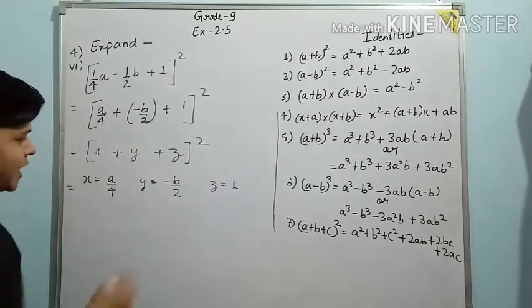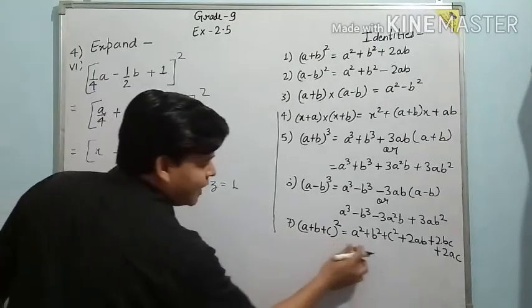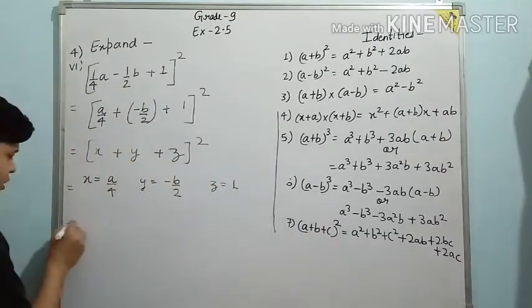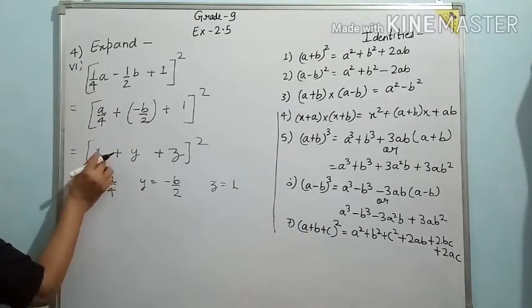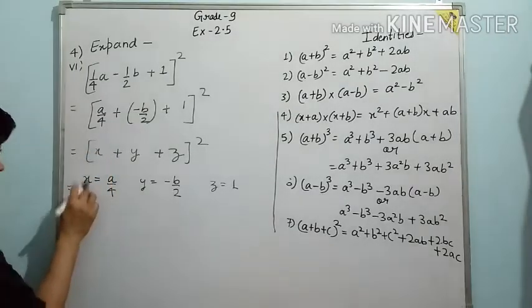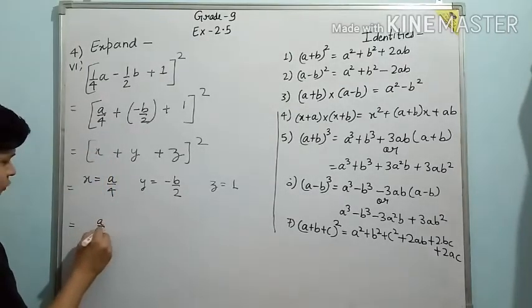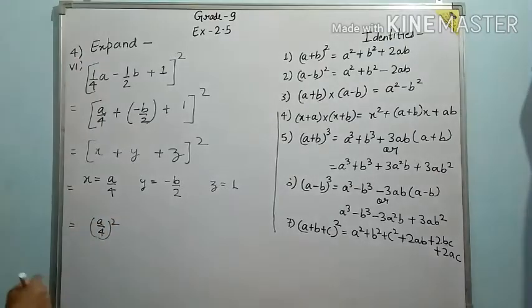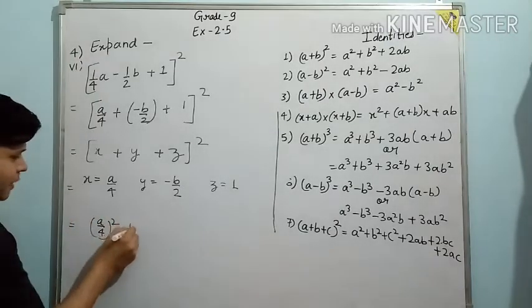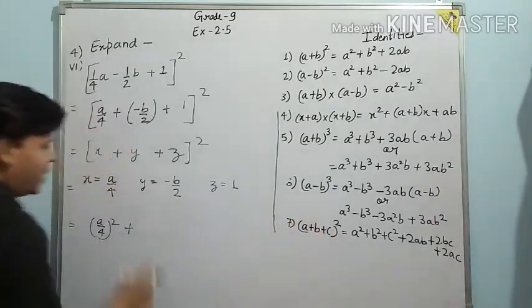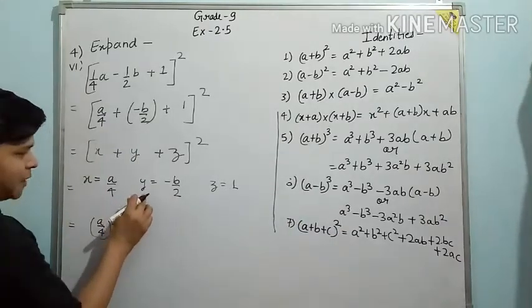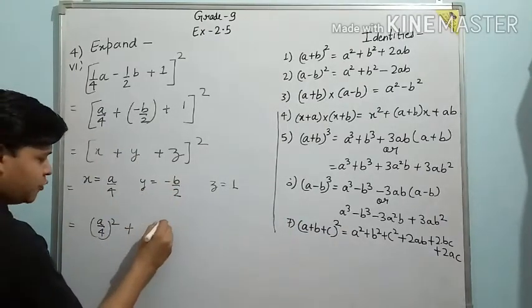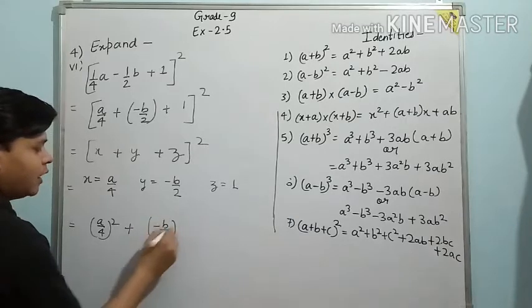So now let's start expanding this term: a square means x square. Right, now you write x square, so in place of x square we have a upon 4 square, right? Then plus b square means y square, but in place of y what do we have? Minus b upon 2, so we will write here minus b upon 2 and square.